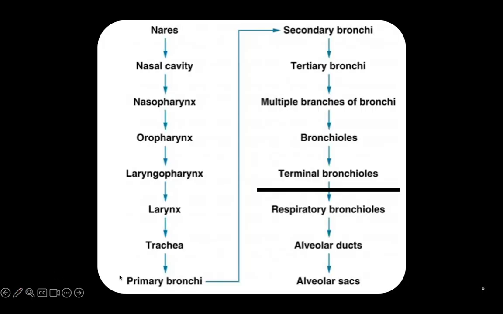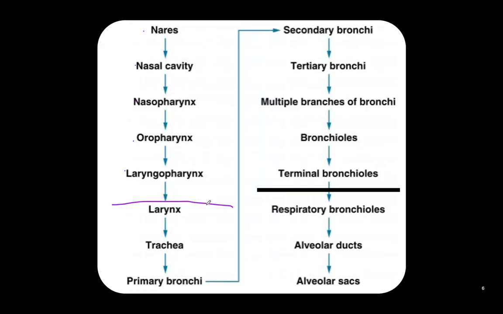Now I'm also going to draw a line right here. All right. So my purple line is showing the difference between the upper respiratory tract and the lower respiratory tract. Everything above the purple is considered upper respiratory. Okay.